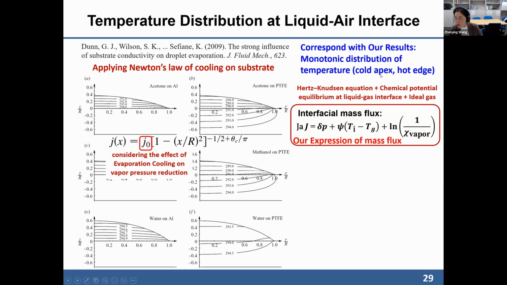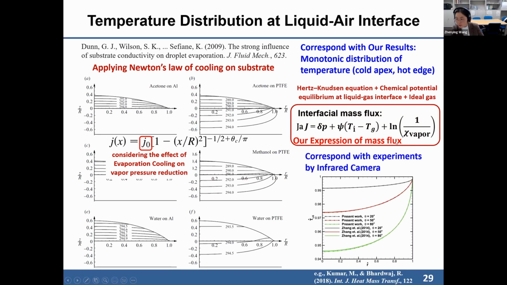In our result, the interfacial mass flux is derived based on the Hertz-Knudsen equation, the chemical potential equilibrium at the liquid-gas interface, and our ideal gas assumption. This assumption also considers the curvature effect on the droplet surface, as well as the influence of the temperature difference and the vapor concentration difference.